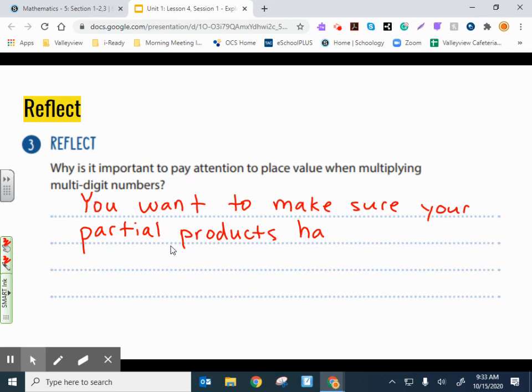So again, this lesson is just reintroducing us to multiplying with multi-digit numbers. So we'll go into much more detail later on. But this is just a primer to get us ready.